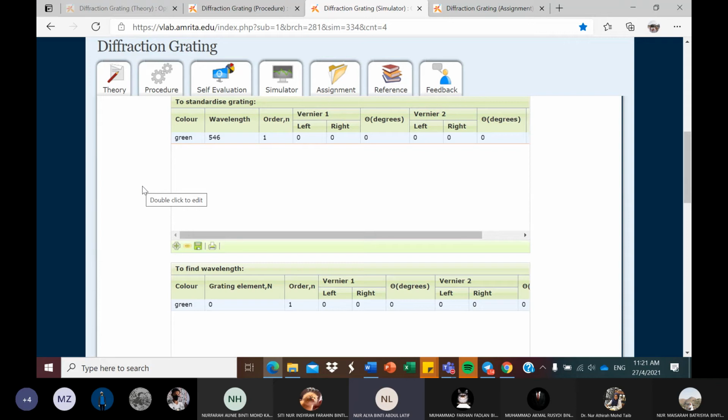So for vernier 1 on the left, just now we got 40 degree, and when we went to the right side, we got 18 degree.